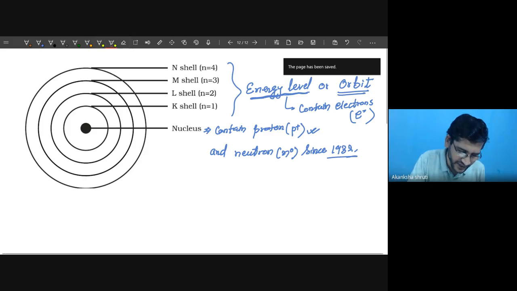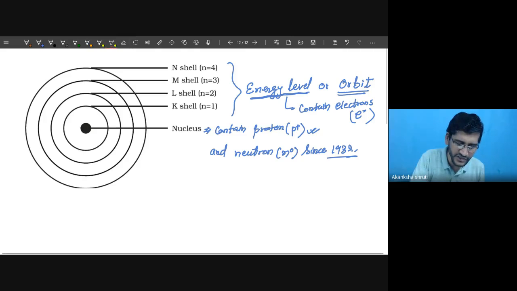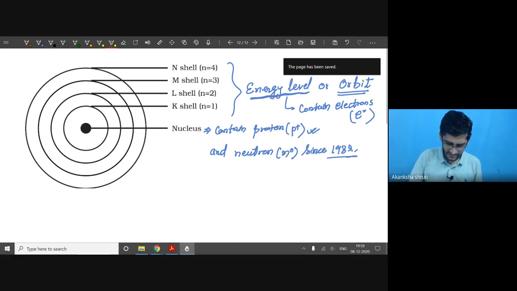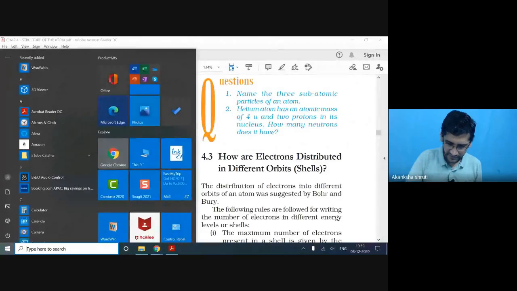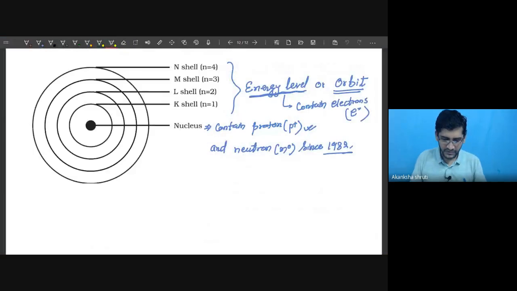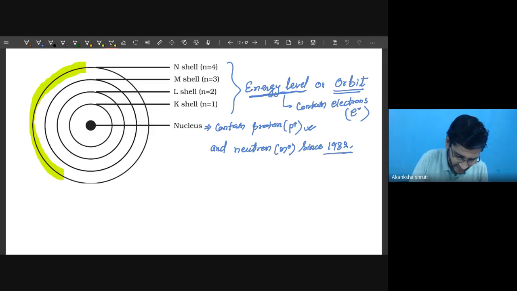If one is asking what is the size of an atom, then whatever outer orbit you can draw represents the size of the atom. So this is the outer orbit.